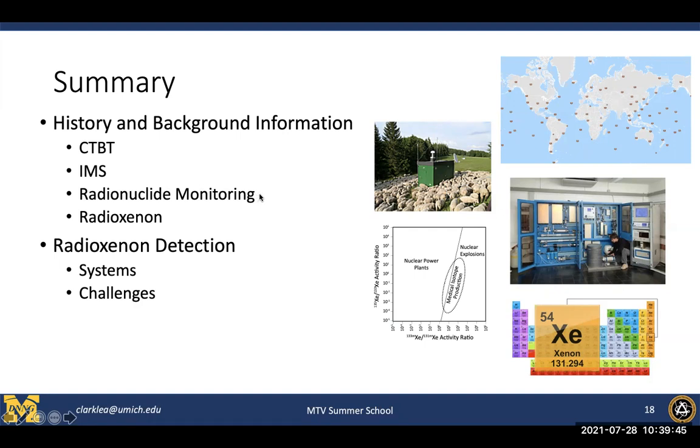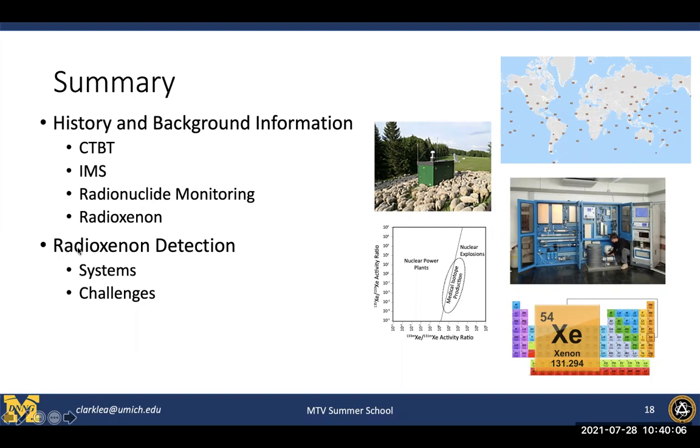Particularly, radionuclide monitoring that studies radioxenon detection, because it's a noble gas with the highest cumulative fission yield and half-lives long enough but short enough to be available for scientists to study at the different systems.